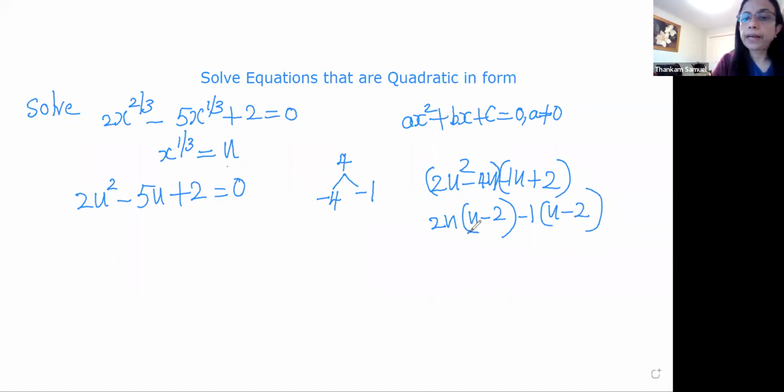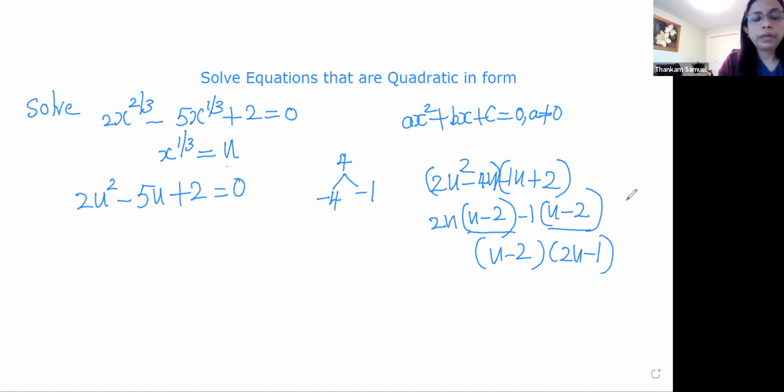Then again, factor out the common factor, that is u minus 2. So the remaining factor is 2u minus 1. So the factors of 2u² minus 5u plus 2 are u minus 2 times 2u minus 1.